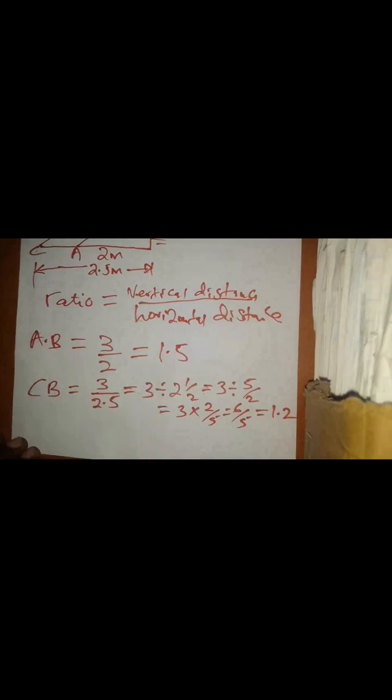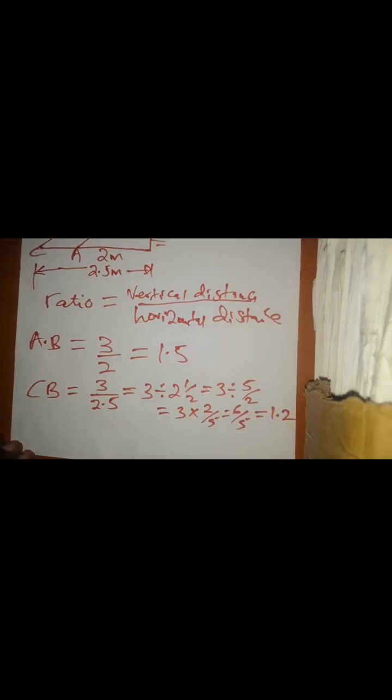The gradient of AB is 1.5, the gradient of CB is 1.2. So what can we deduce from that illustration?